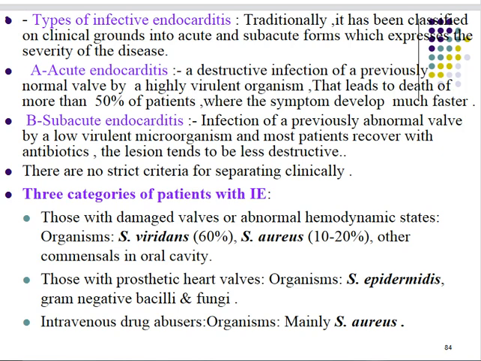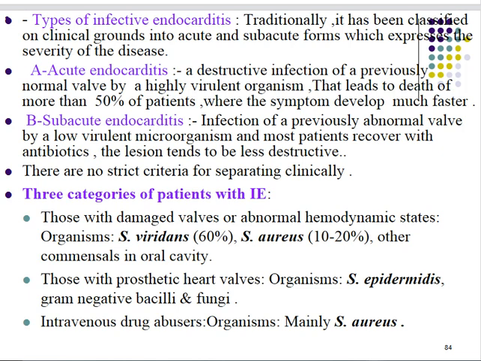In contrast, in subacute endocarditis there is infection of a previously abnormal valve, in contrast to the normal valve seen in acute endocarditis. The difference is that the microorganism is of low virulence, in contrast to the highly virulent organism causing acute endocarditis.